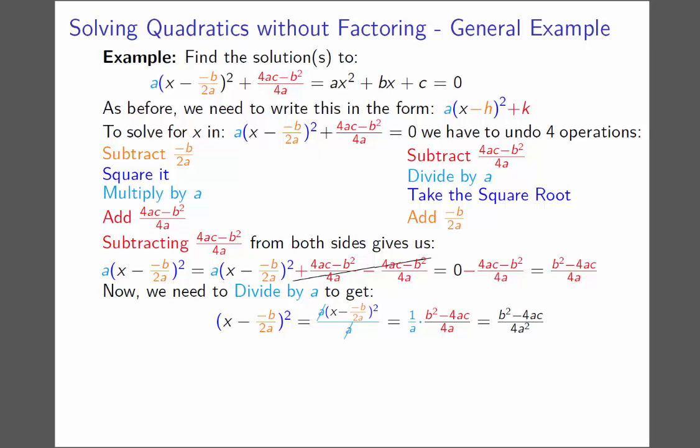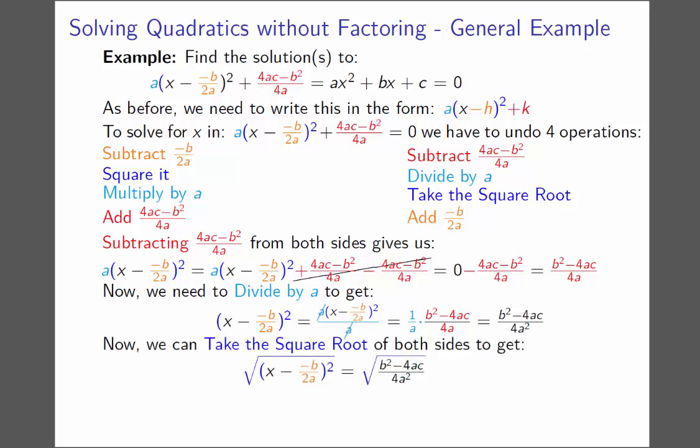Now we need to take the square root of both sides. Doing that gives the square root of x minus negative b over 2a squared equals the square root of b squared minus 4ac over 4a squared. But if we take the square root of a fraction, we can take the square root of the top and take the square root of the bottom separately.